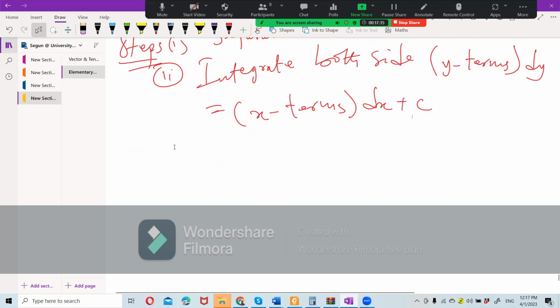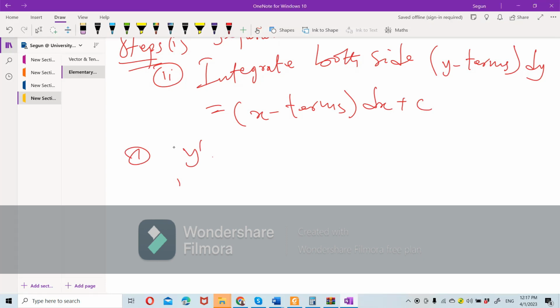So let's look at the example. Example one. When you have y prime plus 2xy equals x. Remember, y prime is the same thing as dy/dx.